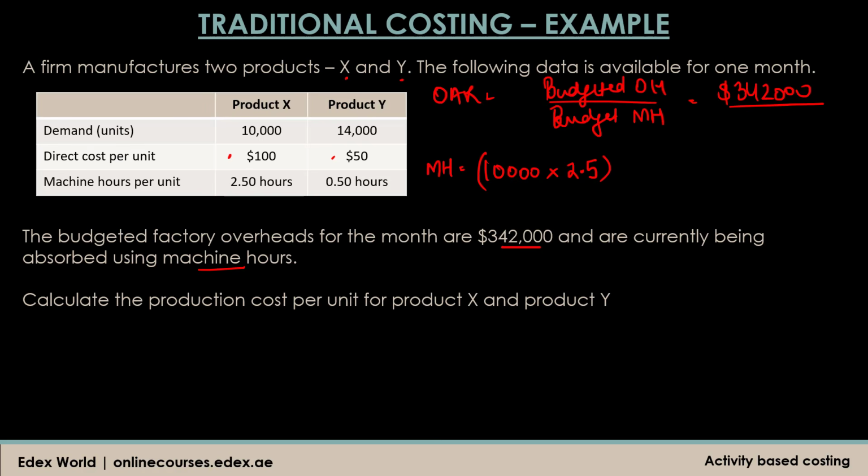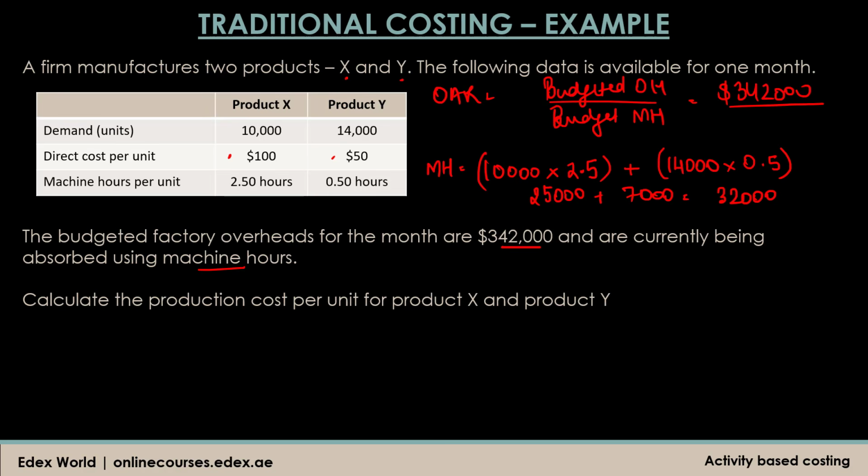So total machine hours for product X would be 25,000, and product Y, they're planning to produce 14,000 units. Each unit of product Y would need 0.5 machine hours, so 7,000. So total machine hours required for this entire batch of production would be 25,000 plus 7,000, 32,000.